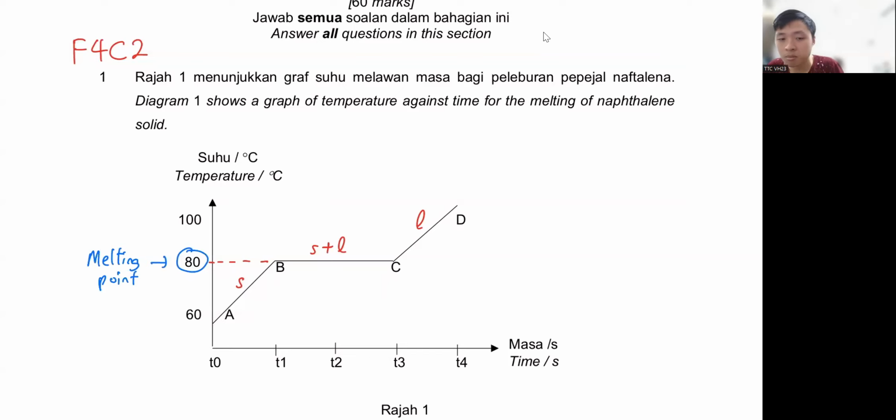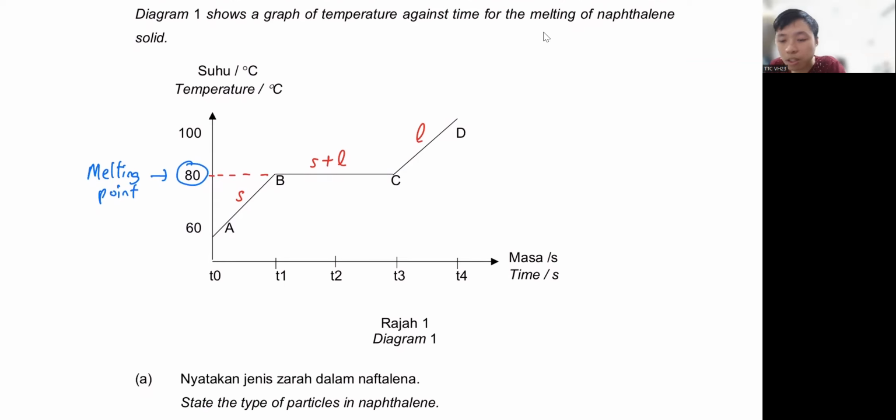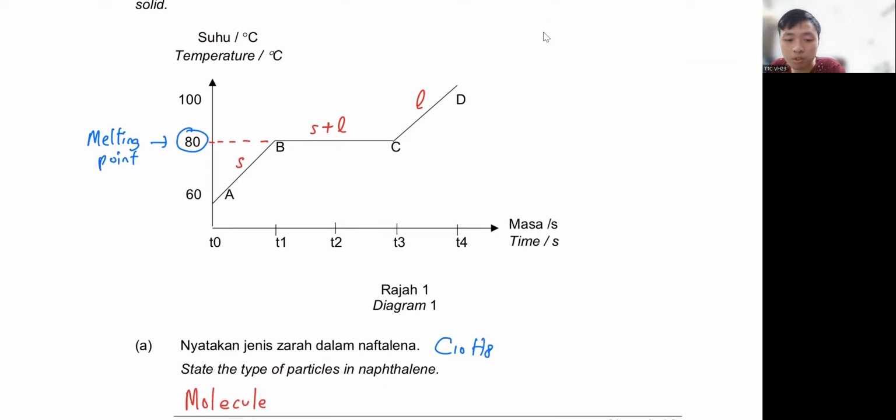What happened is solid to liquid. Melting point, melting is solid to liquid. Now for the type of particle, there are always three choices: you can write either atom, molecule, or ion. The formula for naphthalene is C10H8, so it is totally molecule.